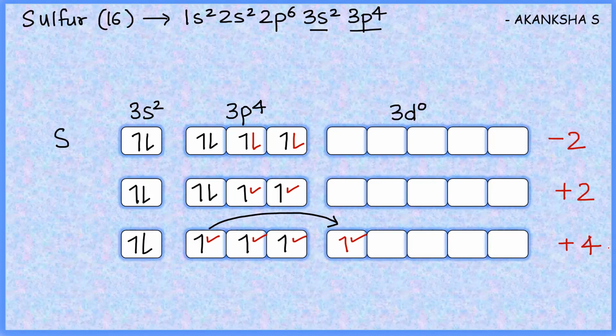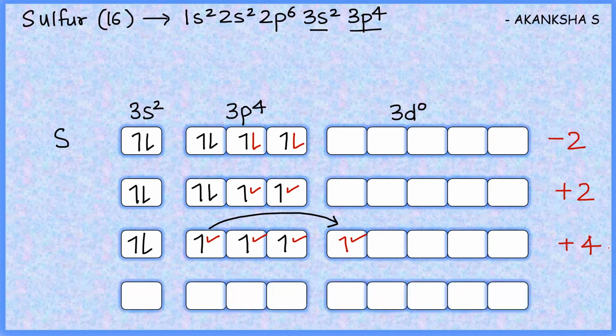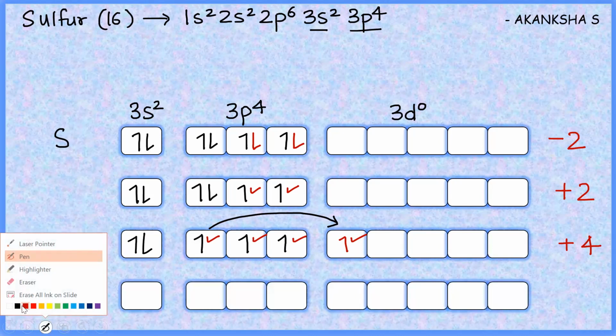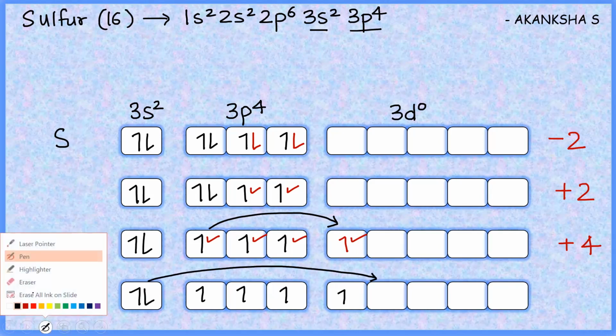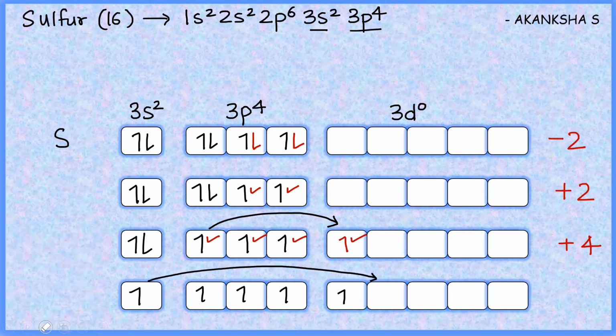Are there any other paired electrons? Yes, we have one more paired electron which we can unpair. This electron can again be brought up into this free space, correct? So you remove it, you include it over here. How many unpaired? 1, 2, 3, 4, 5, 6, plus 6.